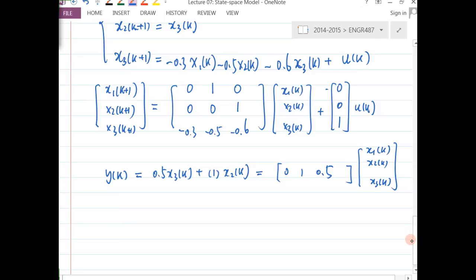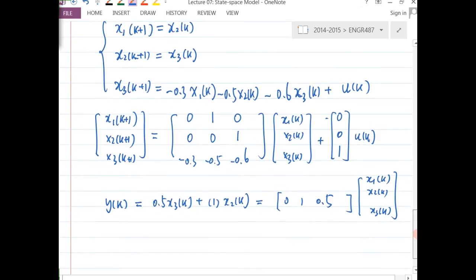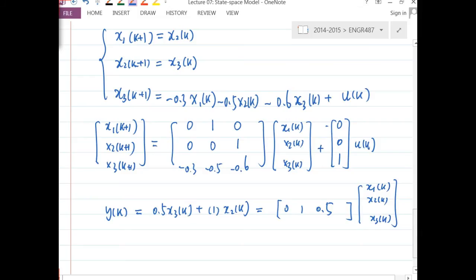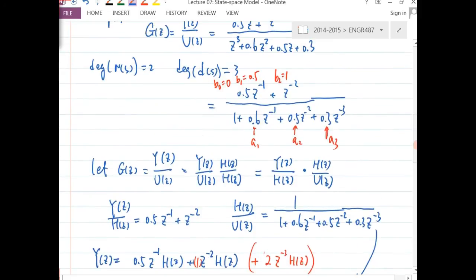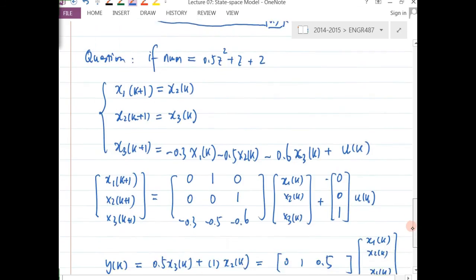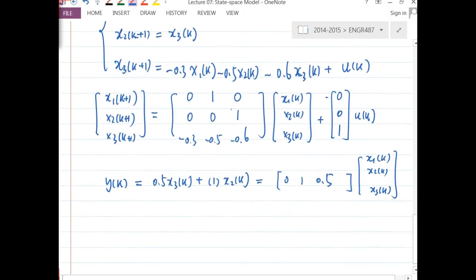Now I'm doing this for a very specific case. If you remember, at the beginning I said 0.5 is B1, and 1 is B2. 0.6, 0.5, 0.3 are the A coefficients. So if I put this equation back into the coefficients for that particular equation, what do we get?